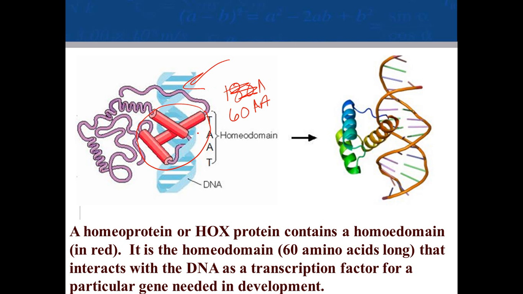And it's this part that is responsible for interacting with a particular gene and activating that particular gene. So that particular area of the protein is called the homeodomain. And as I said, they act as transcription factors that activate certain genes responsible for certain characteristics.